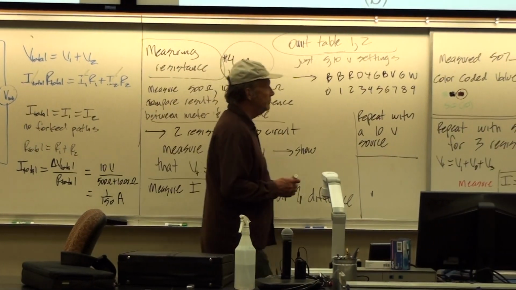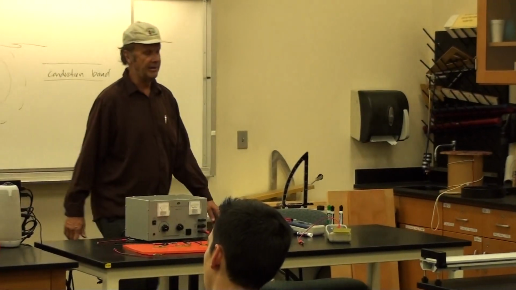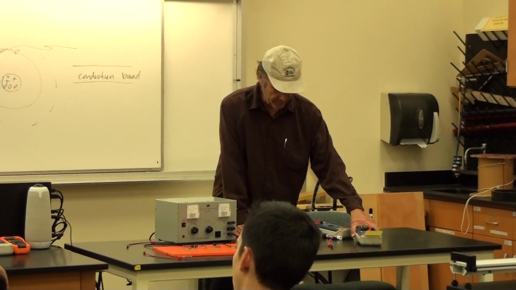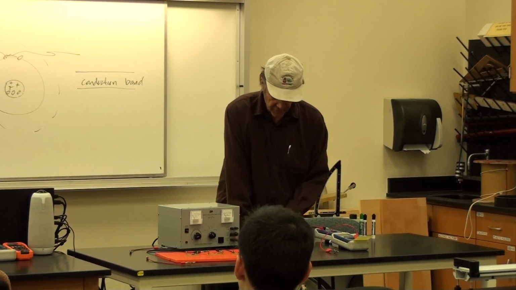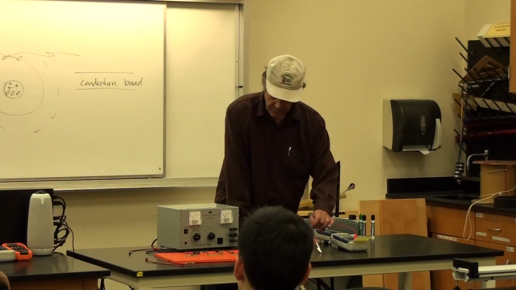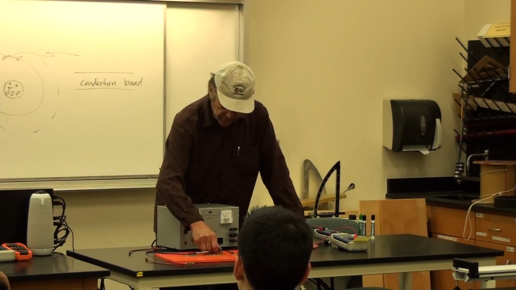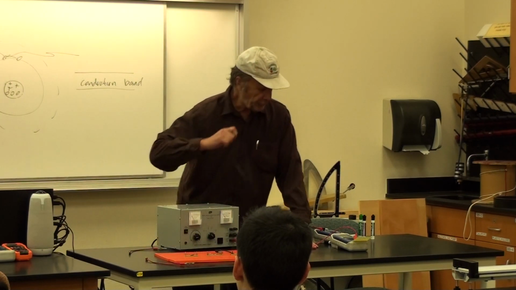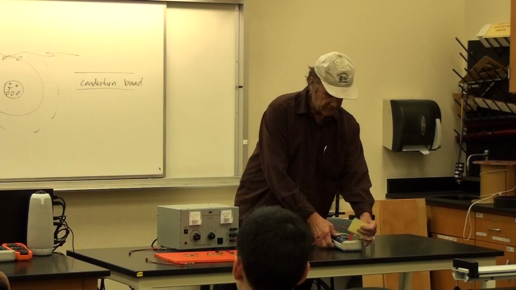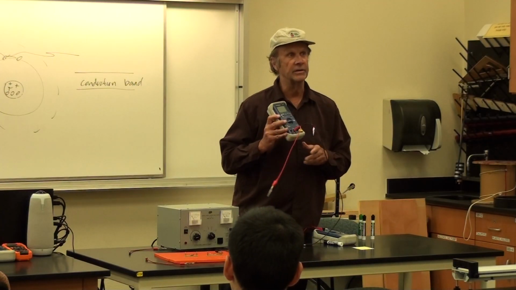Here's the trickier part of the lab, not really that bad, but a little trickier: you need to measure the current. To measure the current, first of all, we need to change the plug configuration.